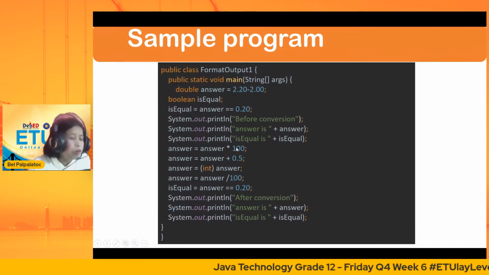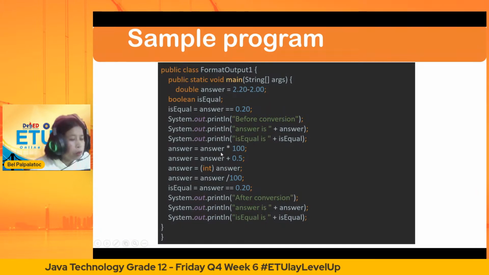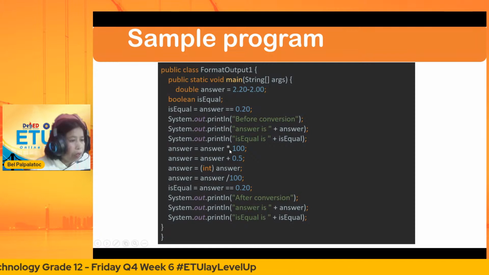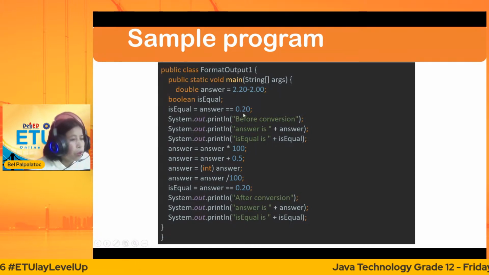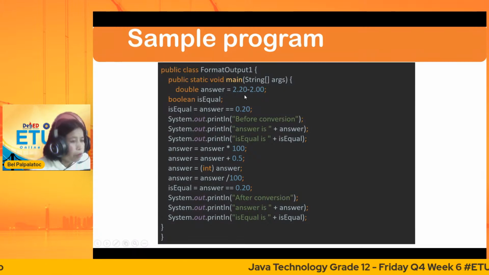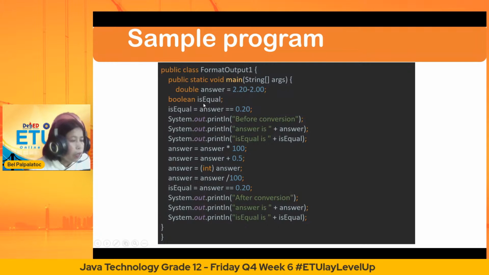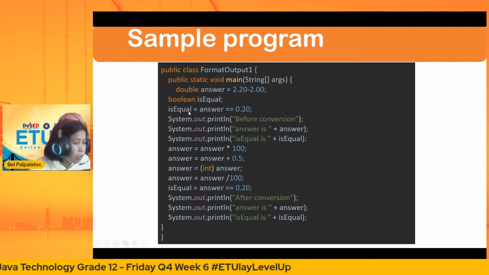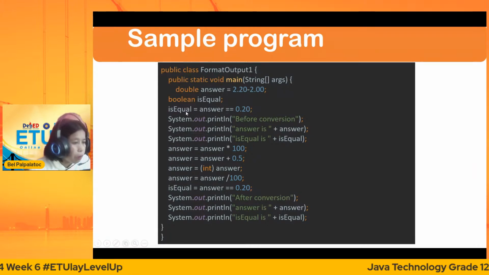What if we want to multiply the variable answer by 100? The 0.20 from the beginning became 2.0, and if they are equal, it goes to the variable isEqual.